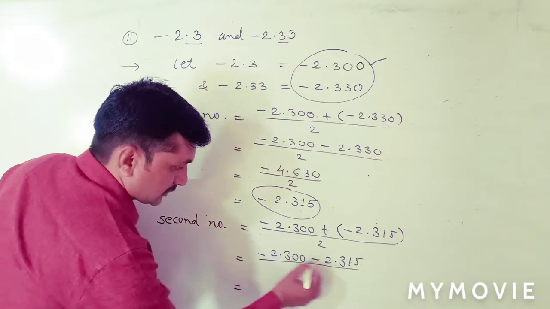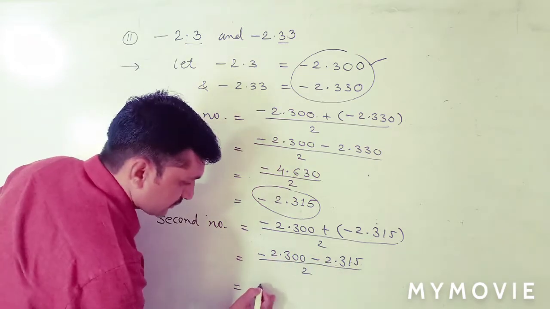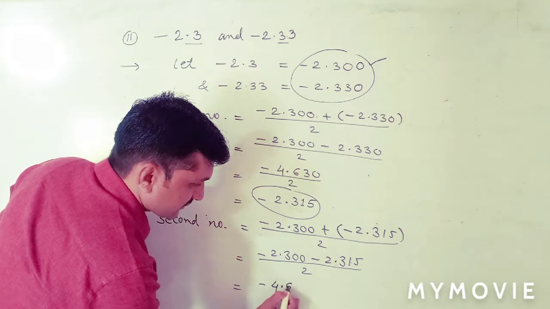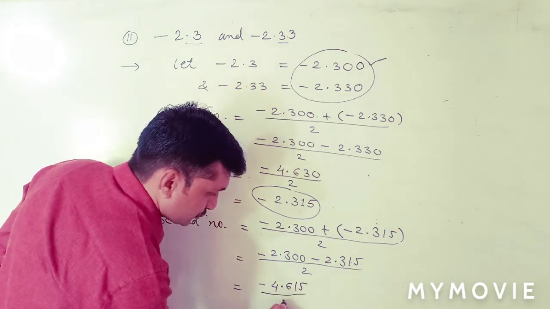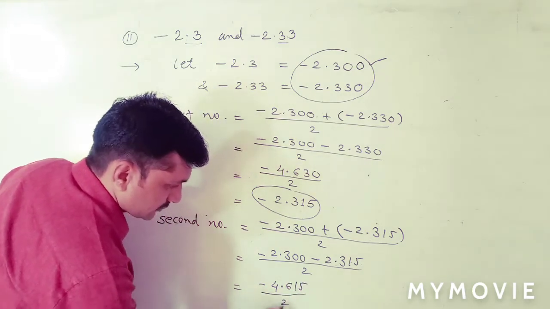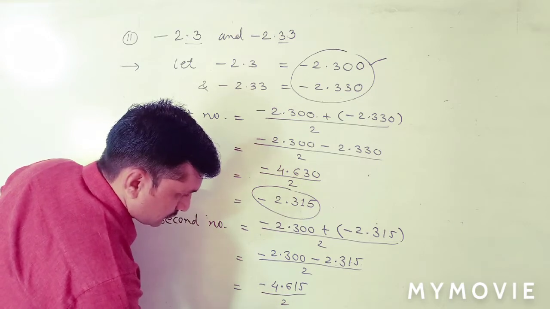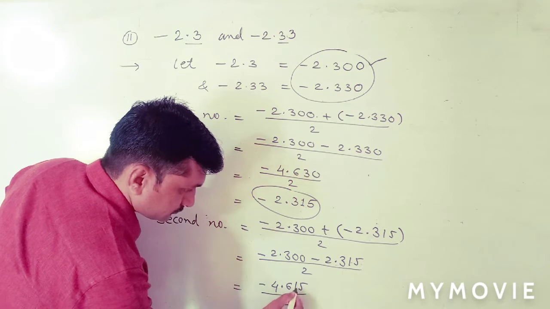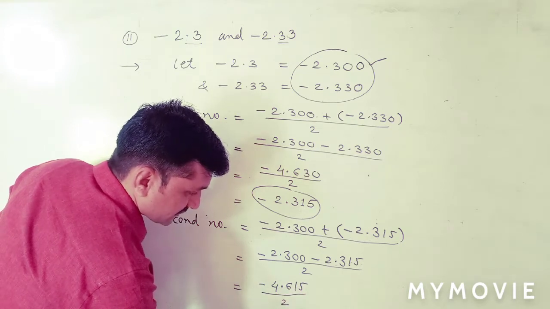Same sign, addition, higher value sign, minus. The sum is 4.615 divided by 2. Therefore, minus: 2 2s are 4, 2 3s are 6, 2 0s are 0, here 2 7s are 14.